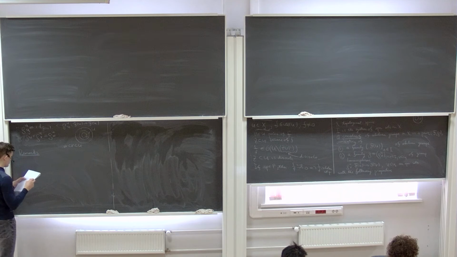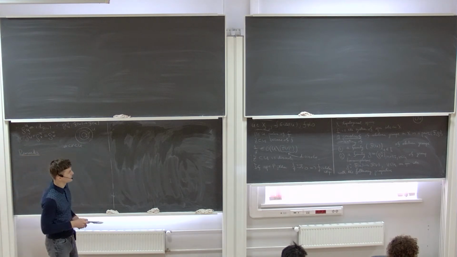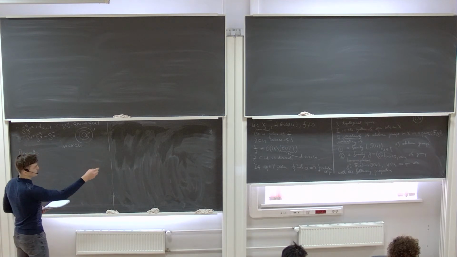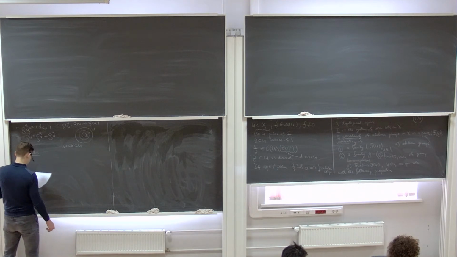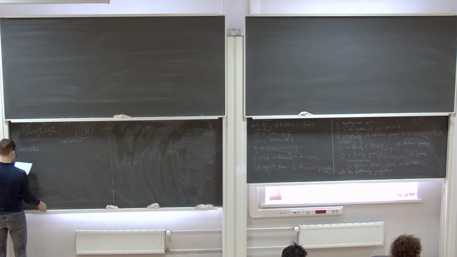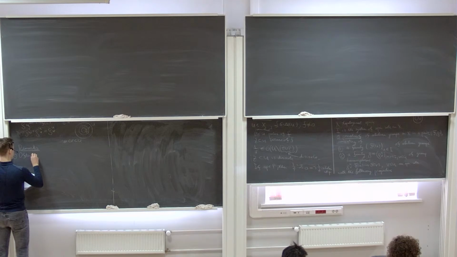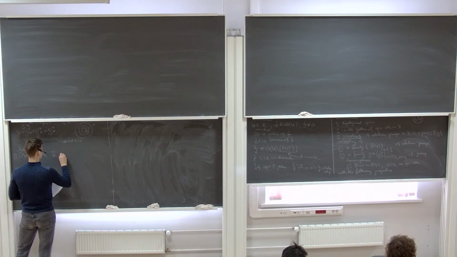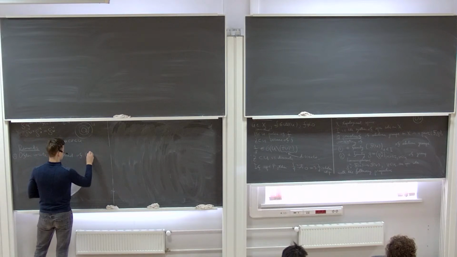The first one: strictly speaking, a pre-sheaf is a pair, but this rho is usually not written, so we often write just F instead of F rho.